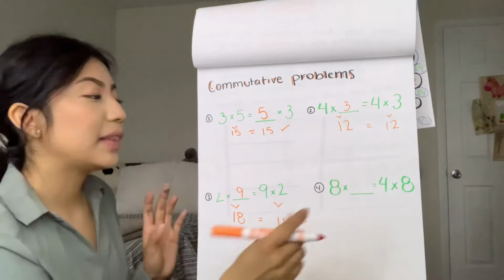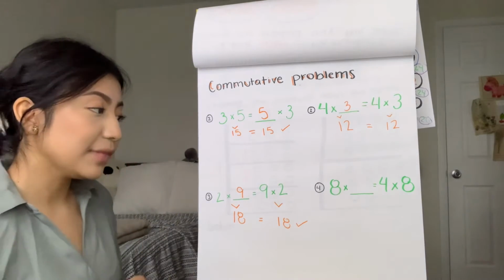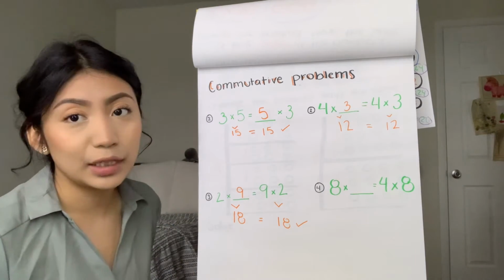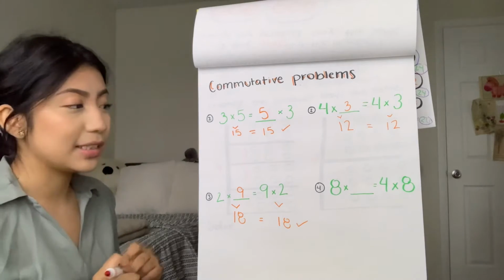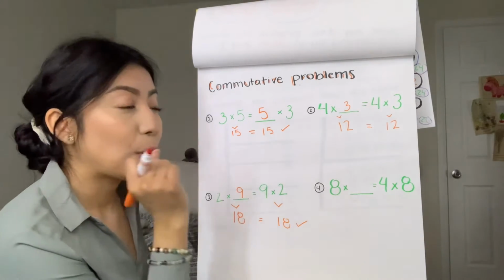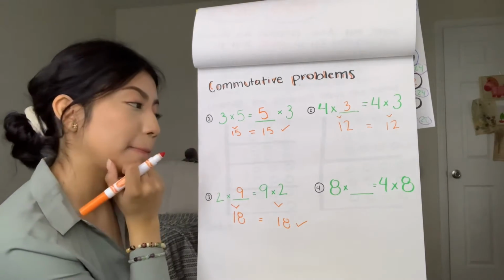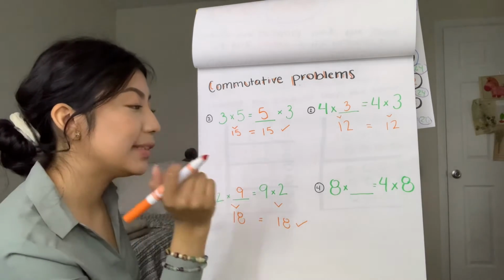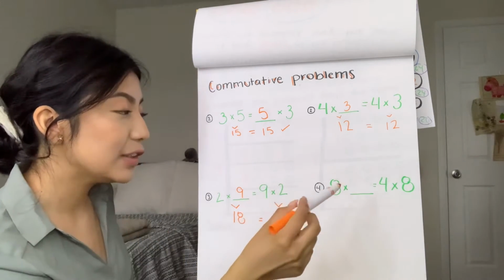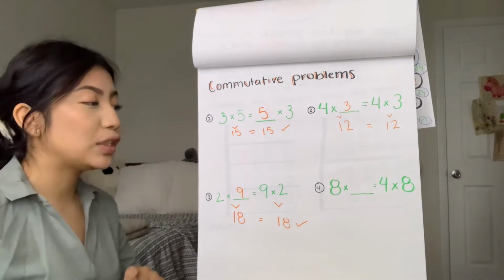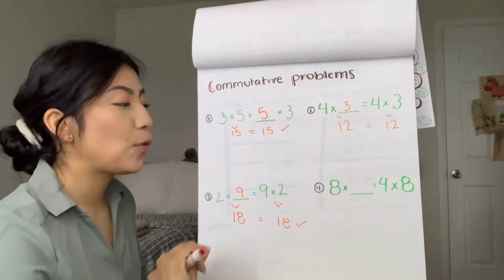All right, now we're going to do this one. 8 times blank equals 4 times 8. So what are we looking for here? The missing number. So we have our 8 on both sides. So what are we missing? Our 4.